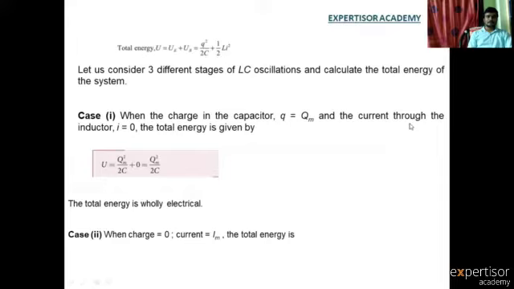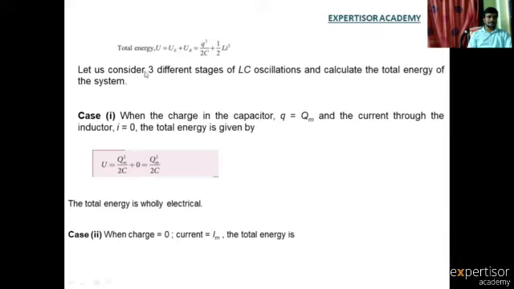So let's verify this. Total energy U is equal to the energy in the capacitor, that means the energy of the electric field, plus the energy at the inductor, that means the energy of the magnetic field. That is equal to Q square by 2C plus half L i square.